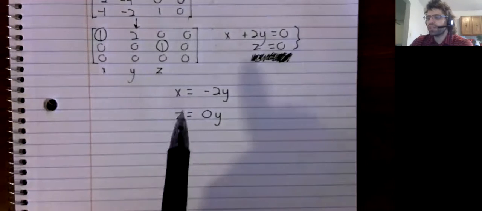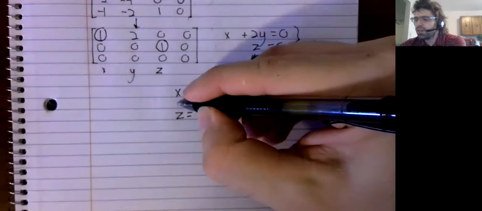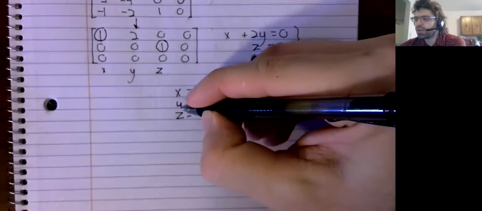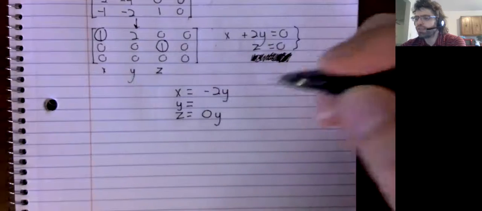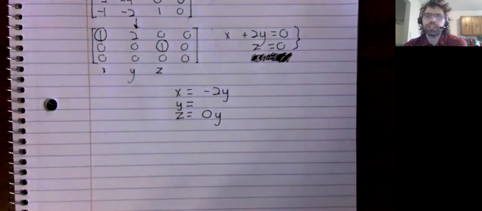Finally, let's write down an equation for our free variable. But what can we say about y? It's a free variable. It could be anything.